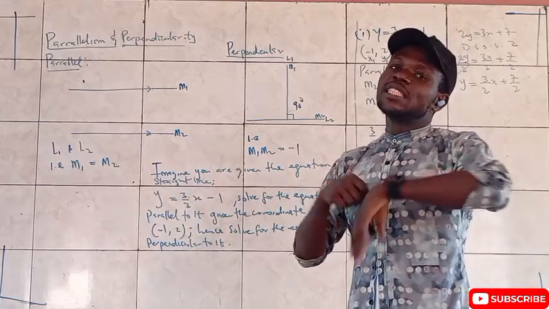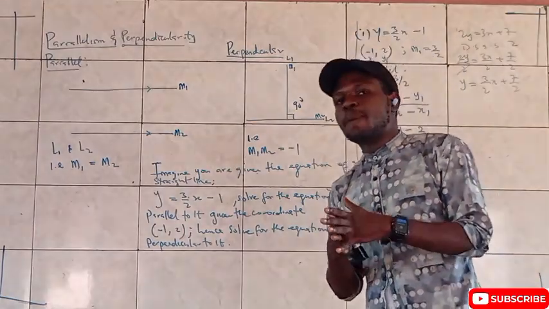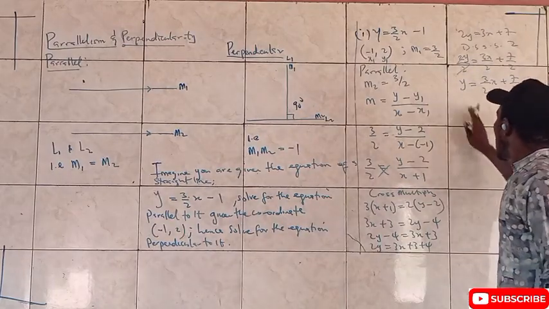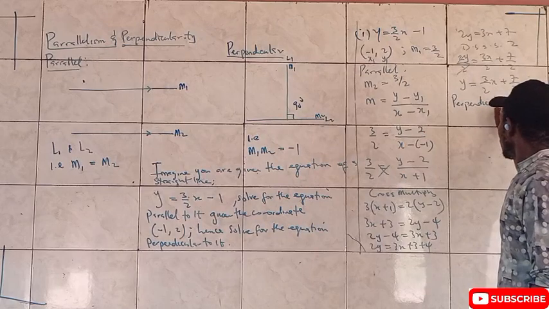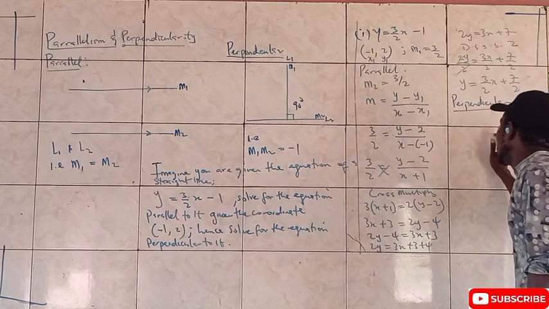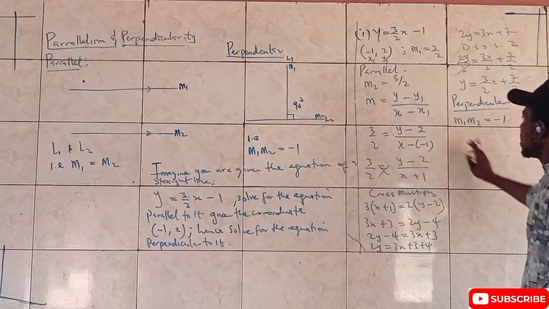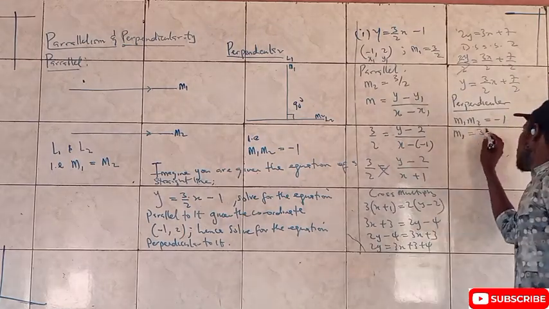Then that said, in the same way, we should solve for the equation of a straight line that is perpendicular to the same line. So what do we do? I know that for two lines to be perpendicular, the product of their slopes must be equal to minus 1. Since my m1 is already 3 over 2, are you there?